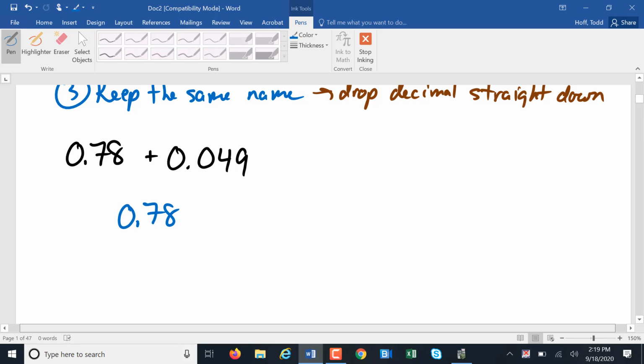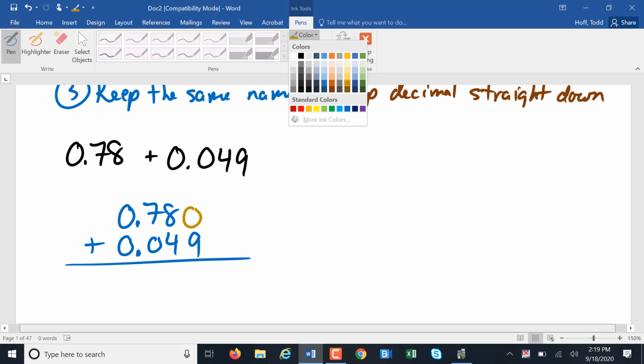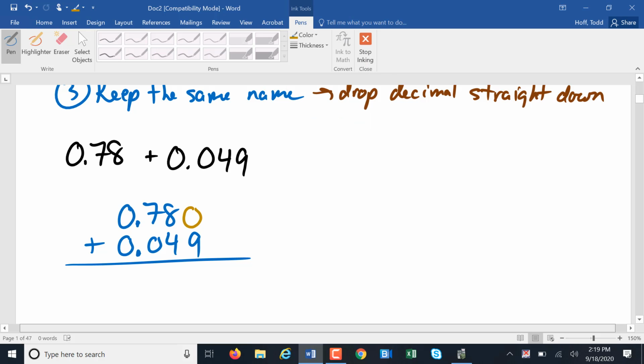Before I write the second number, I usually just put the decimal point in so it's lined up, and then I fill in. So 0.049 would be like that. And if I line up my columns carefully, I can see that I have a spot here that I'm going to fill in with a 0. I had an extra decimal place in the bottom number, so I have to fill something in on top to balance that out. And now I'm just going to add, just like the decimal point isn't there.